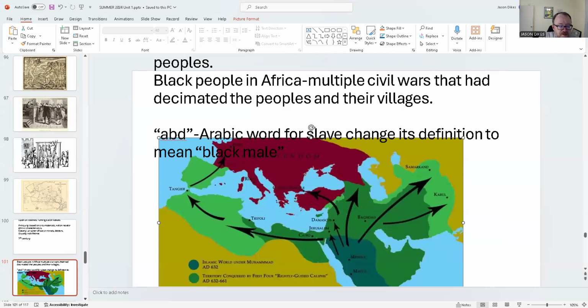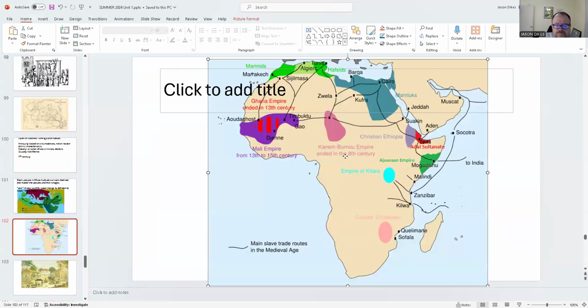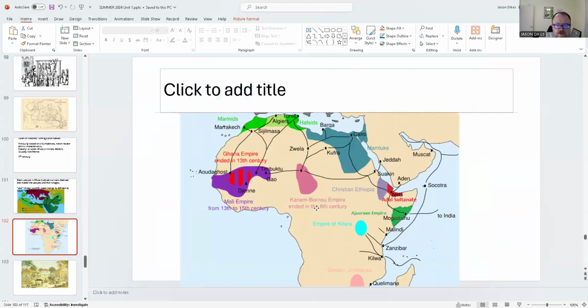Now, we also begin seeing some contact between white Europeans who were not leftovers from the Roman Empire, along with other large African empires in these regions as well.